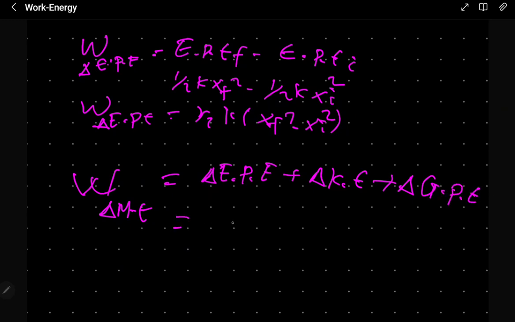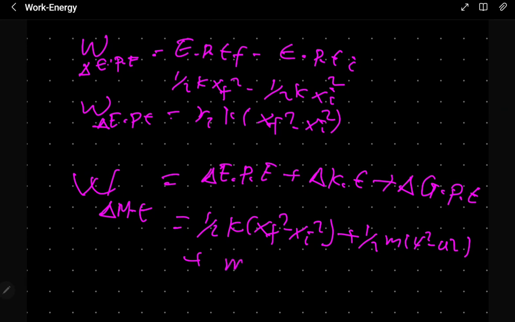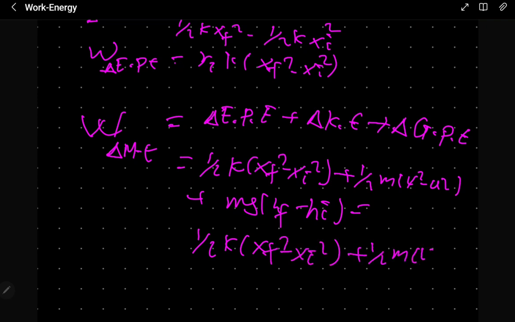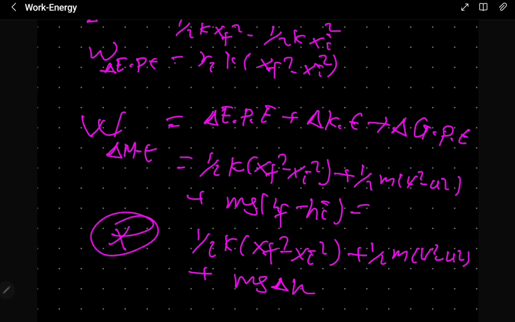So this is equal to half times k times x final square minus x initial square, if any, plus half times m into v square minus u square, if any, plus mg times the final height minus the initial height, or simply mg times the change in h. So this is the work done to change the mechanical energy of a mass.